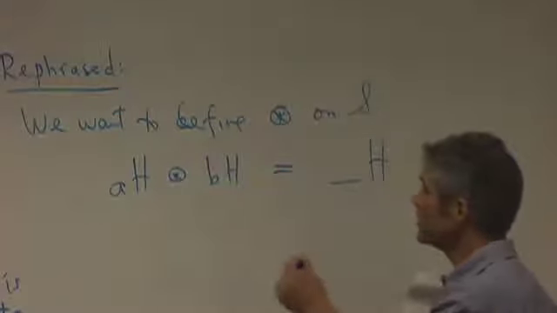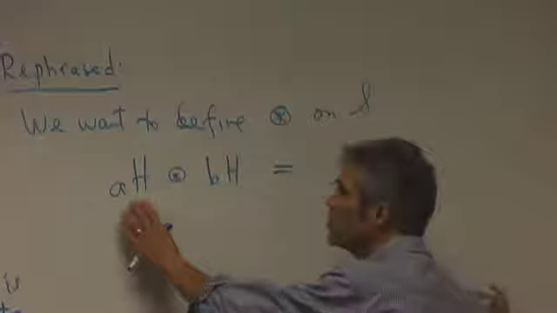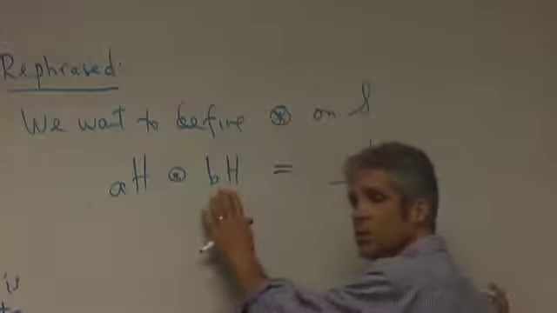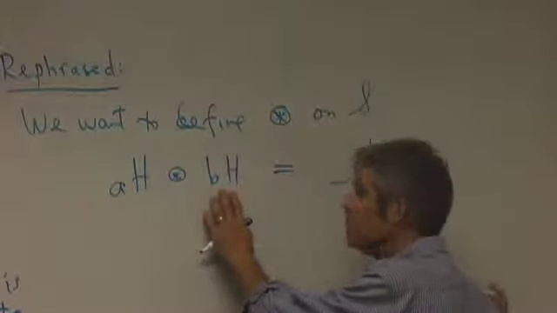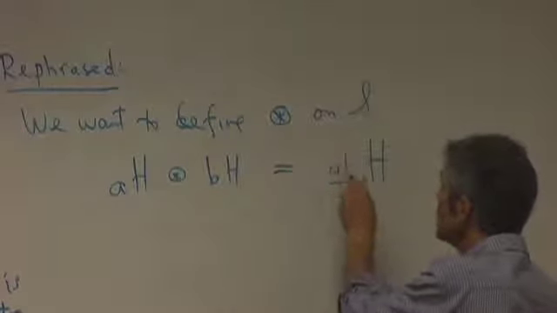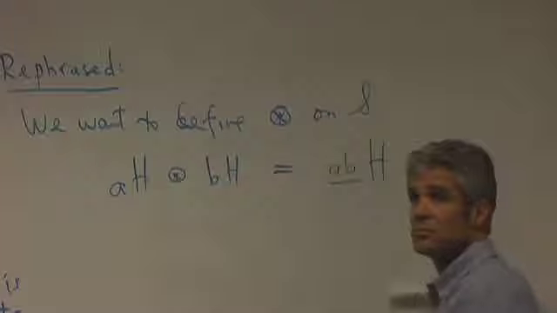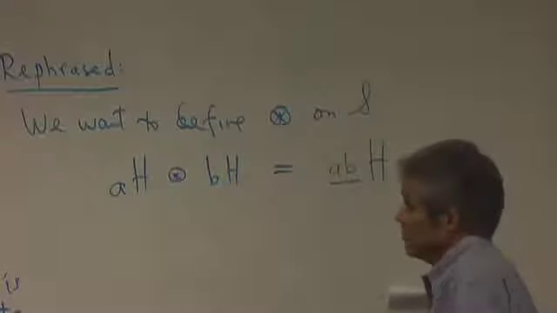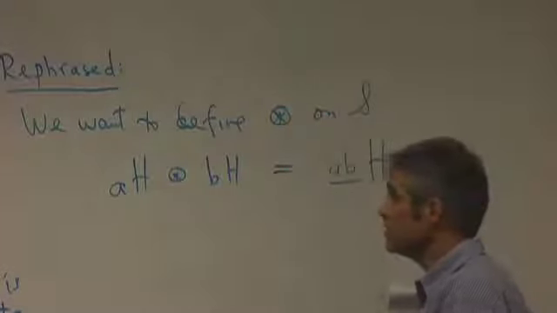Give me a left coset that might be a reasonable output when you try to combine these two. What should I put here? How about A star B? Okay, good idea.